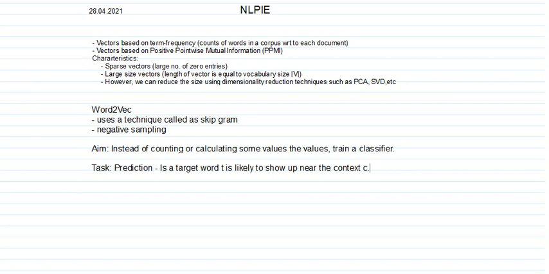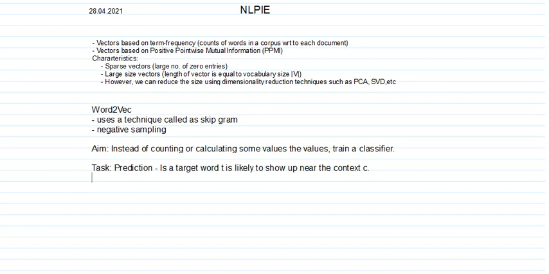So how would we make this kind of prediction or classification? Actually, we are not concerned with the prediction, but we will use the prediction setting and train the classifier. Finally we will not use the predicted output, but we will use the weights of the classifier as the embeddings.